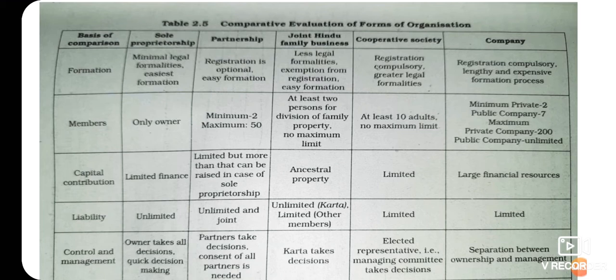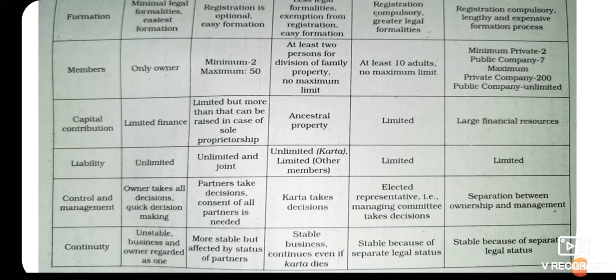In a cooperative society, remember that members elect representatives, and a very special characteristic here is one man, one vote. Company, separation between ownership and management. The control of the company goes with the board of directors. The owners, the shareholders, have no say in the day to day working of the company. So this is the comparison of the various forms.